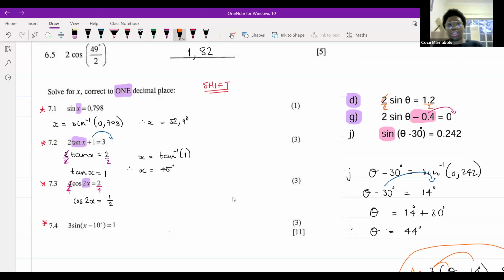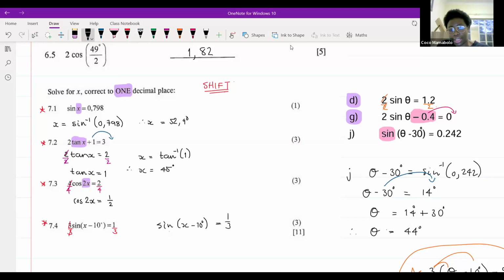All right, guys, we are a little pressed for time, so let's go ahead and do this one. I know that I need to get rid of that 3 in front of the sine, so I must divide by 3 first. And then I'm going to have sine of x minus 10 degrees is equal to 1 over 3.